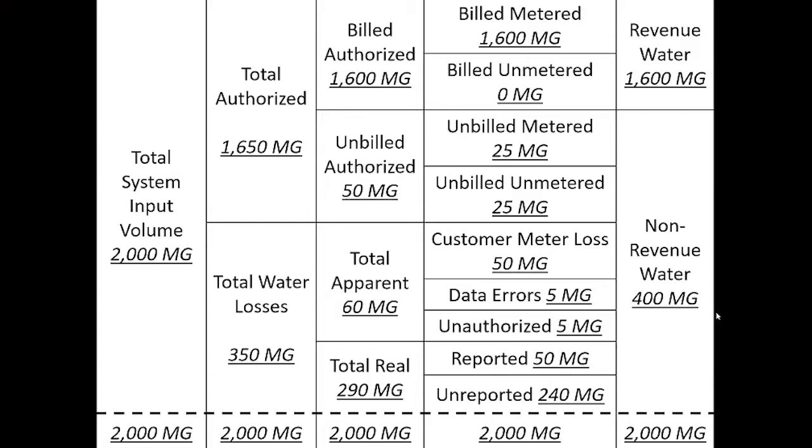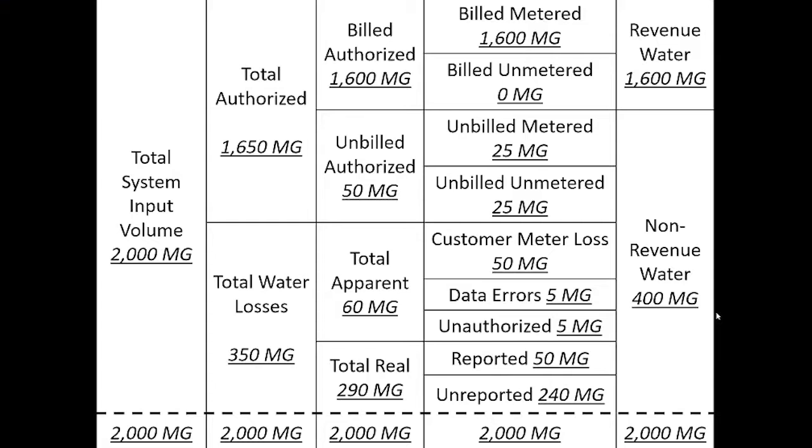So customer meter loss, the utility would put in an estimate for the average accuracy of the customer meters and their meter population. Then they can also put in a volume for the errors within the billing system's data. And then they can also put in an estimate for the volume of water that someone stole from them. That would be unauthorized consumption.